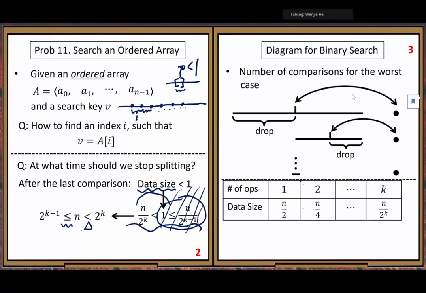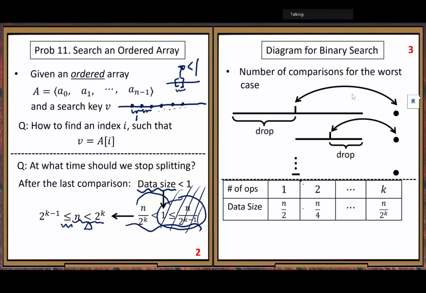Can we improve? Here is the question: can we improve the right half of this inequality? Because we have some room to improve it. Because n is strictly less than 2 to the k.